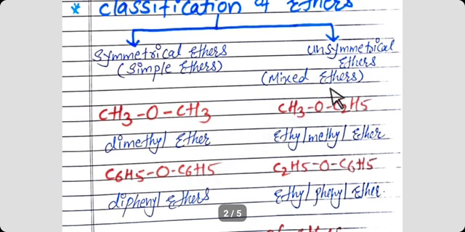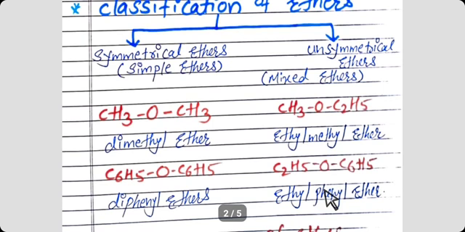The next type of ether is unsymmetrical ether, which is also known as mixed ether. In mixed ether, the two alkyl or aryl groups attached to the oxygen atom are different. See here in the example, ethyl methyl ether. One side of oxygen is attached to an ethyl group and another side is attached to a methyl group.